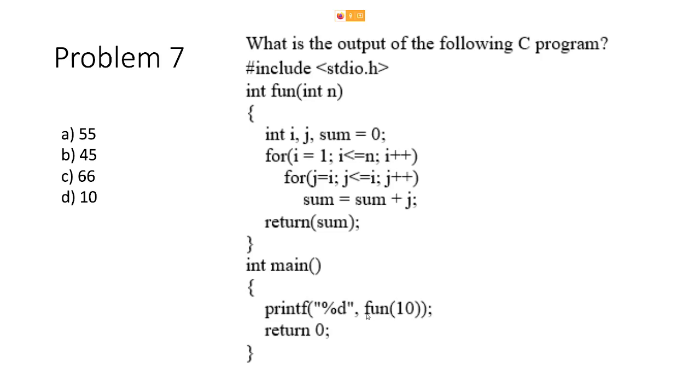You have to tell what the return value of function fun will be when the input value of n is 10. So just focus on this fun function and tell me what it will return. You have to execute these for loops and increment the value of sum accordingly, and then tell what the value of sum will be.